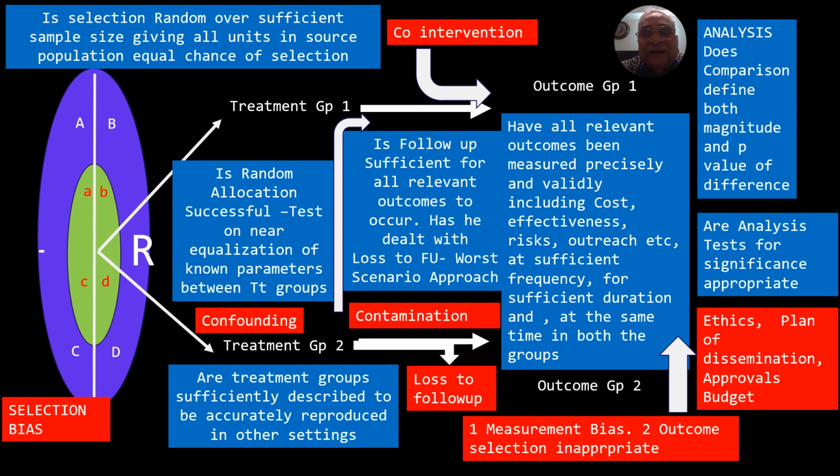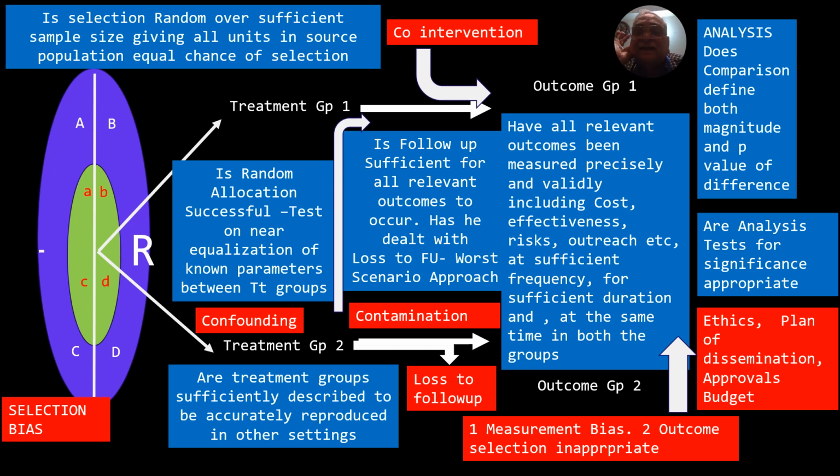Has the measurement been done at sufficient frequency for a sufficient duration? And has the outcome in treatment group 1 been measured at the same time as in treatment group 2? So these are the questions that you have to ask about when the outcome was measured.